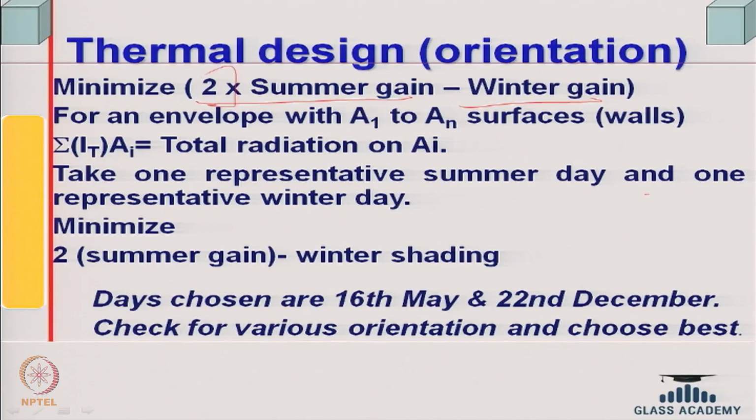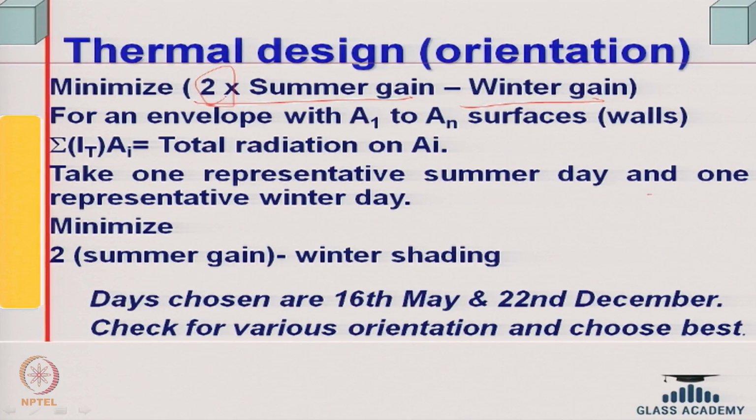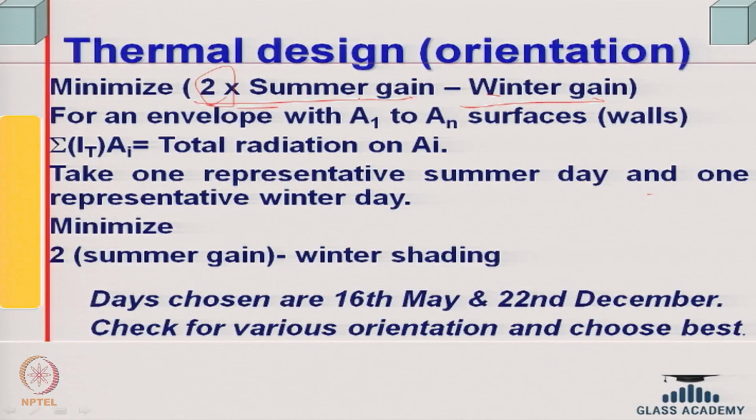Why twice? Because cooling is always costlier. It could be 3 to 4 times costlier than heating, right. So, if I choose a plan which will have high winter gain, that is actually good for me. So, I would like to minimize this function, but summer gain I would like to reduce. So, minimize summer gain minus winter gain, that would be a good orientation, good design.